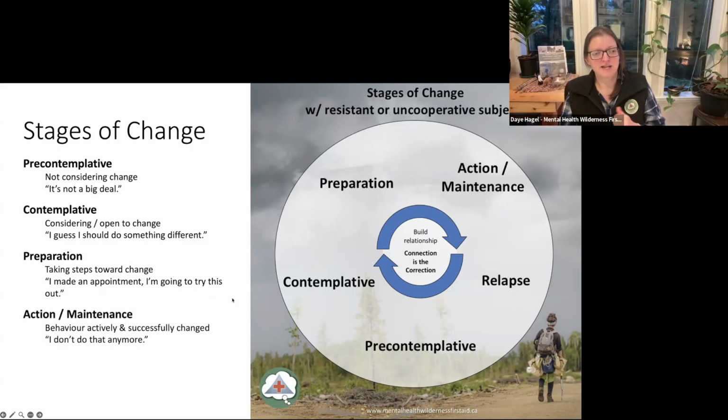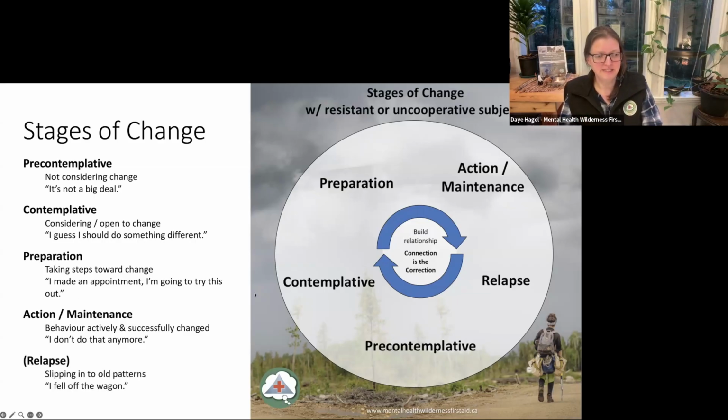Action phase is the person has actively made the behavior change and has maintained it for a certain period of time, right? So maybe they've been in the treatment center for 3 months, maybe they've been home for 6 months, maybe they've maintained a sober lifestyle for 10 years, right? And they might always consider themselves in a maintenance stage of that behavior change.